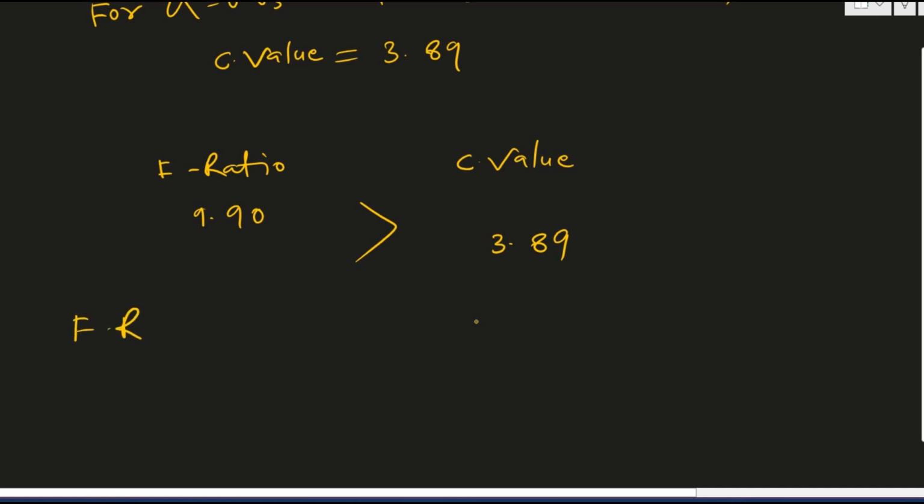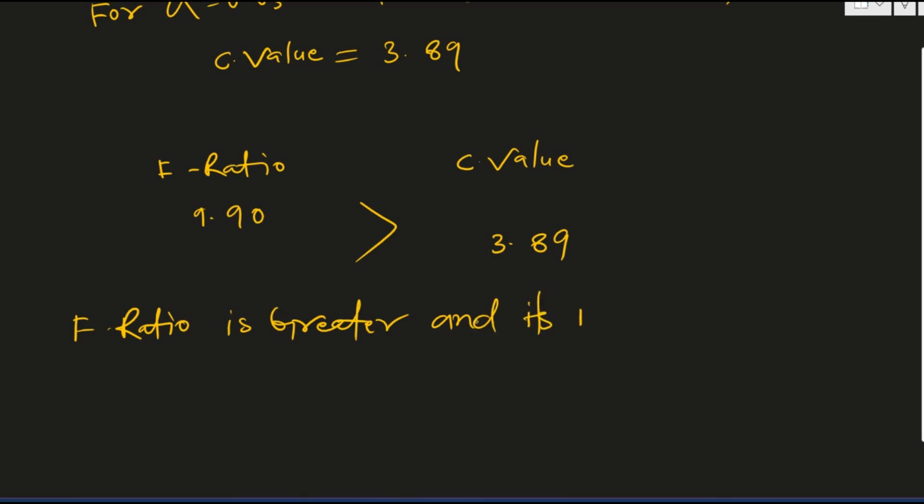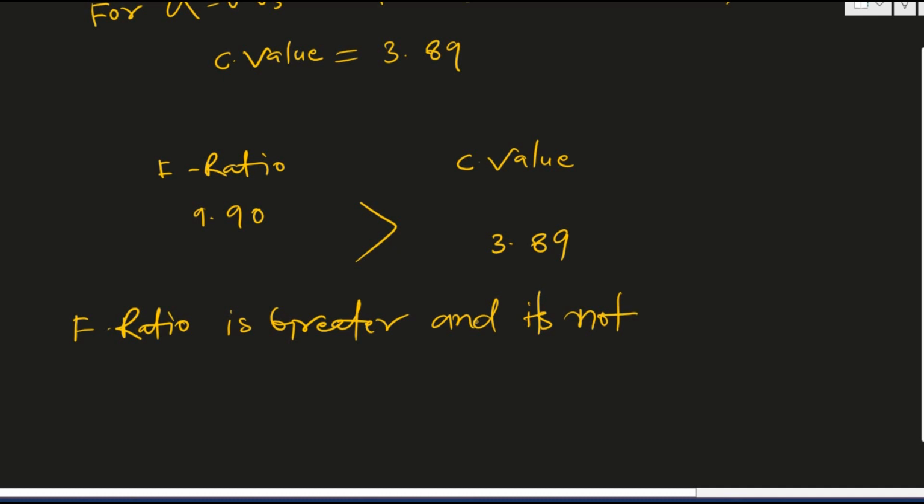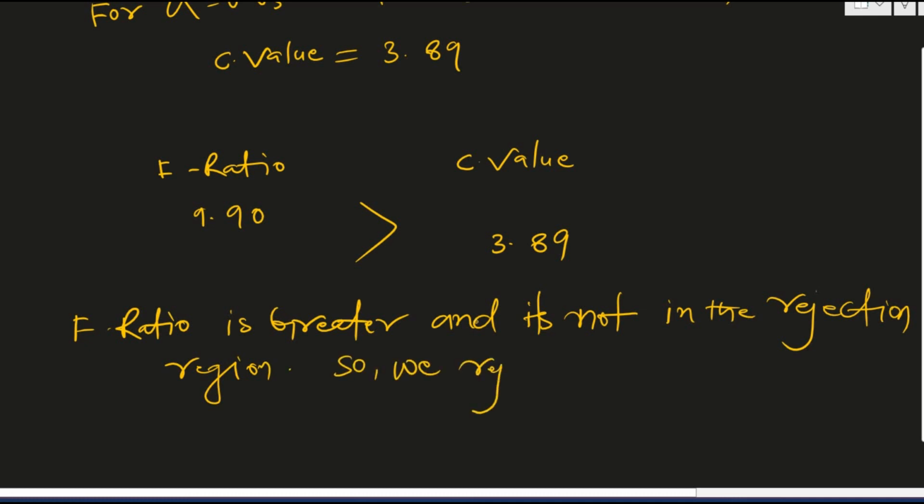The F ratio is greater than the critical value, it is in the rejection region. So we reject the null hypothesis.